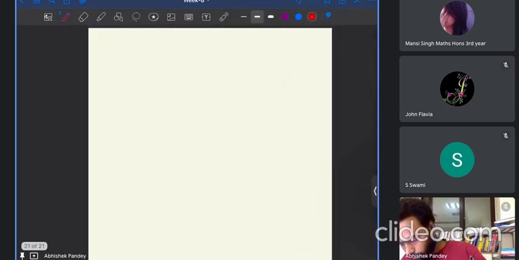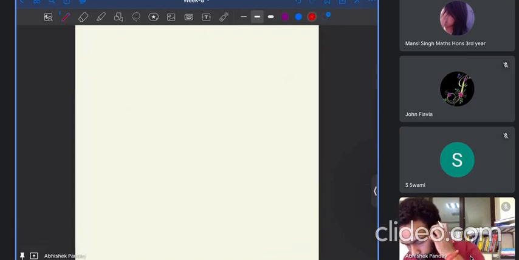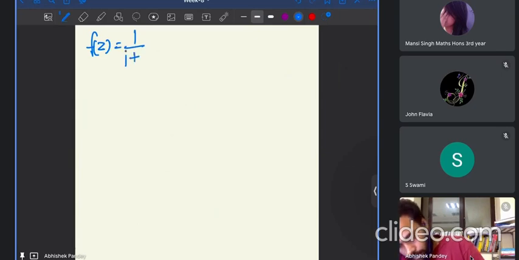Okay, so let us look at this problem. Let's look at this example: 1 upon i plus z.